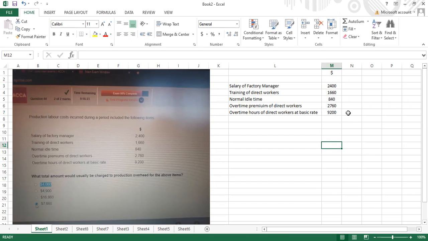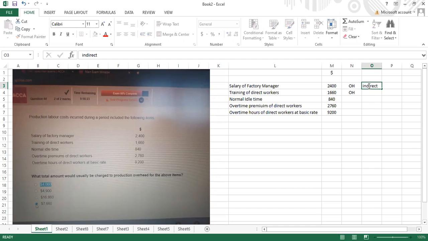You must remember when you are going to solve labor questions that it is saying charge to the production overhead for the above items. Salary of factory manager is considered production overhead. Training of direct workers also comes in indirect cost. We can divide cost into two types, direct or indirect, right?